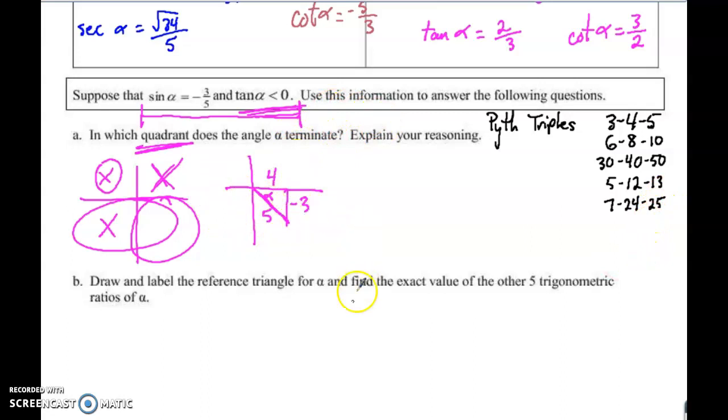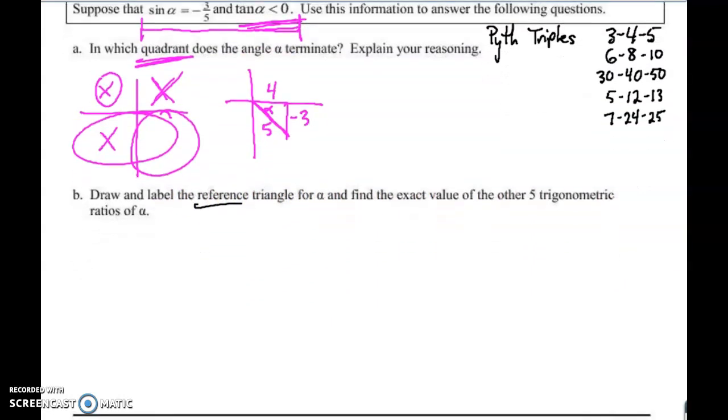so now we already drew the reference angle, we can find the exact trig. Now we can find the exact of the others. Well, first of all, since they gave you sine, it might be to your benefit to do cosecant next. Just reciprocal, so you don't forget about that one. And then do cosine.